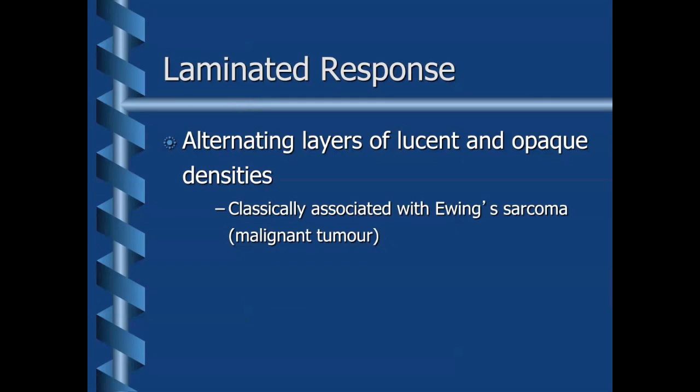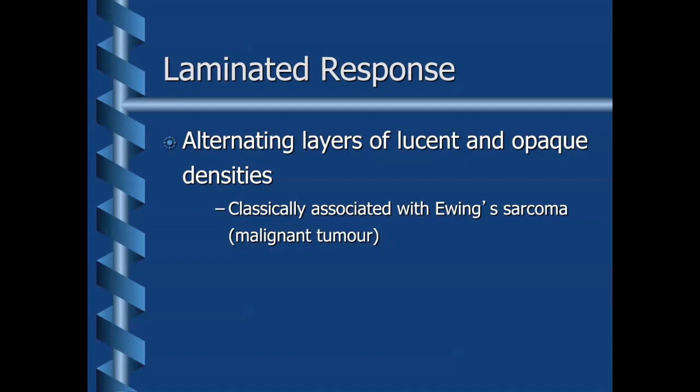Okay, the next one's the laminated periosteal response, and this is where you get alternating layers of lucent and opaque densities. And this is classically associated with Ewing's sarcoma, which is a malignant bone tumour. The best way of describing this is if you cut an onion in half and look at the layers of the onion, that's very similar to the appearance of the laminated periosteal response.